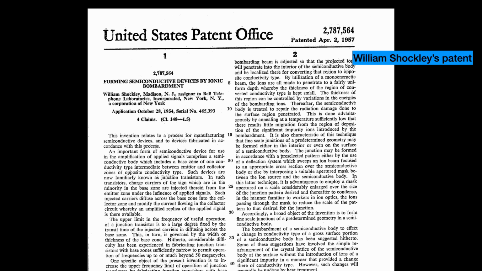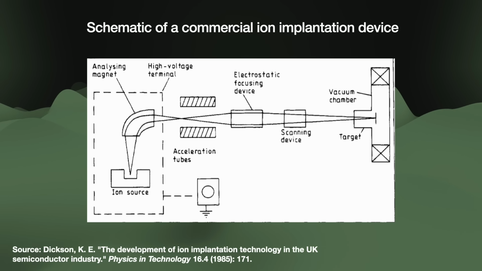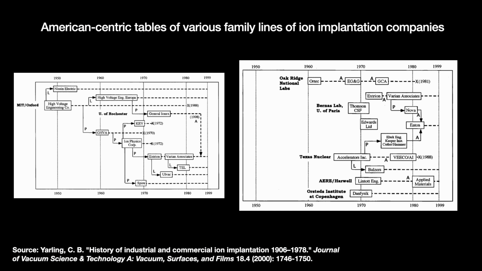The first ion implanters emerged in the 1950s and were just modded ion beam accelerators from nuclear physics labs. Companies then spun off to make commercial versions in the 1970s and 1980s. Ion implantation has remained a critical part of scaling ever since.